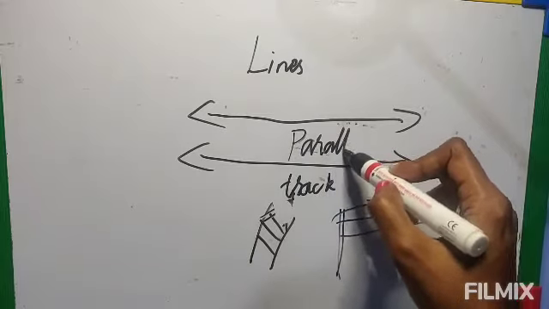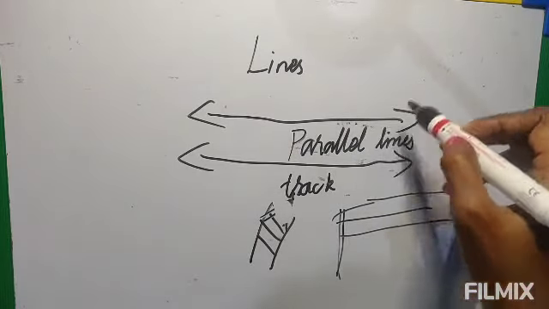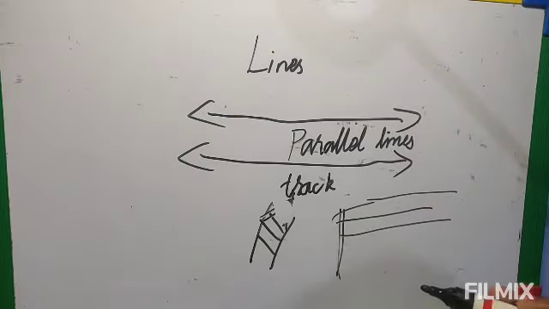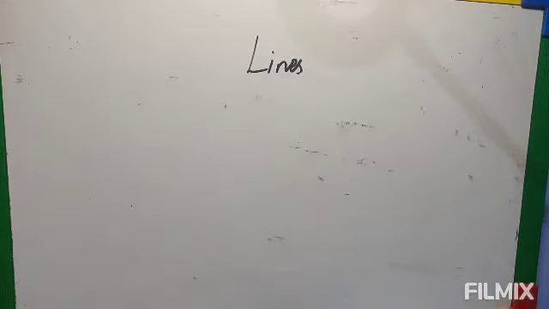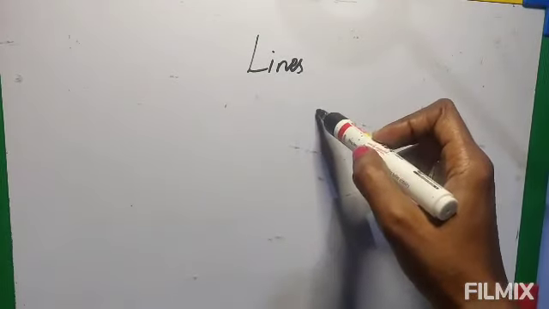Parallel lines, otherwise parallel line segments, that way you can call it, okay. Line segments you will call parallel line segments, lines you will call parallel lines. So if two or more than two lines never meet each other at any point, they are called parallel lines. Some of the lines meet each other at a point, okay.